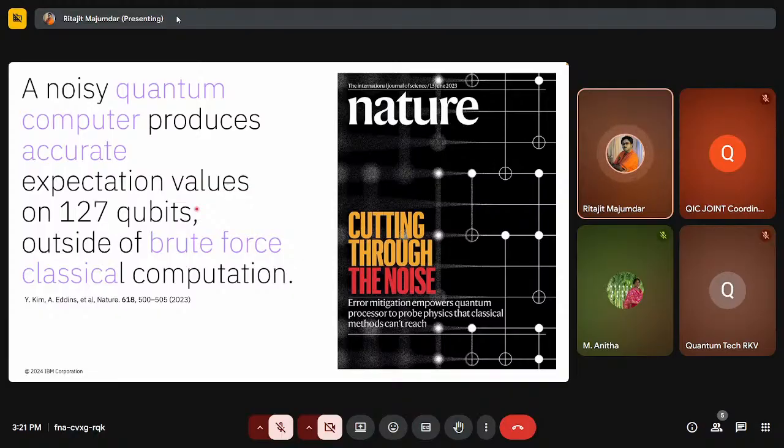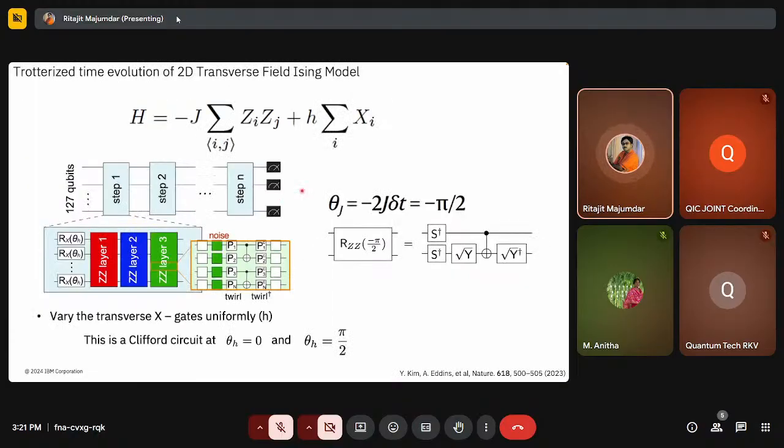What's the problem that we solve? We don't want to go into very technical detail, but if you are from physics or chemistry, this is called the transverse field Ising model. If you are from economics or computer science, you can think of a graph where each qubit is a vertex, and you have a state associated with each vertex.